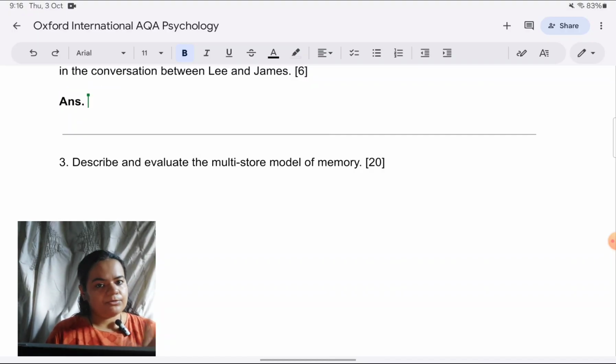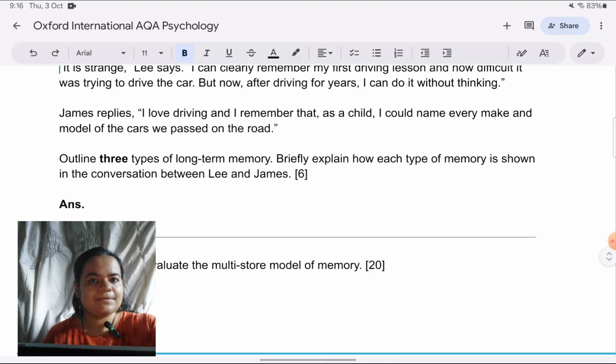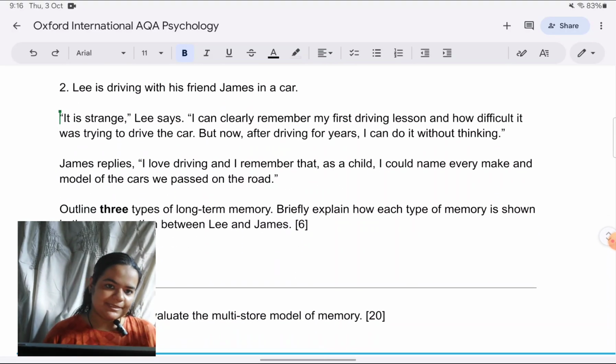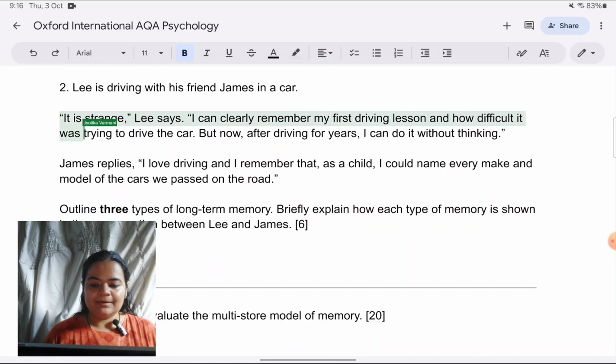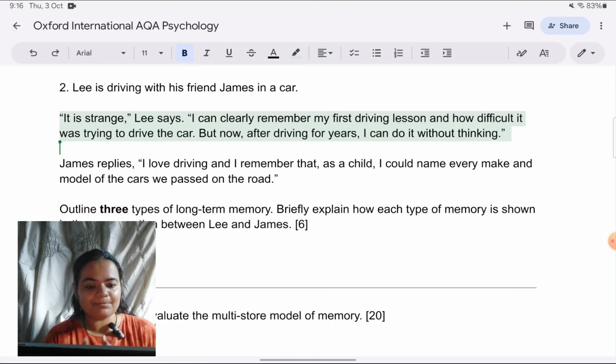Okay, now we have learned about three types of long-term memory: episodic, semantic, and procedural. Let's see in this scenario which ones we can see. I'll just put up the scenario again on the screen so that you can see my thought process when I'm answering. Lee says that he can clearly remember his first driving lesson. He can remember the lesson, means what must have happened in that lesson, he can remember that. And it was difficult for him to drive the car.